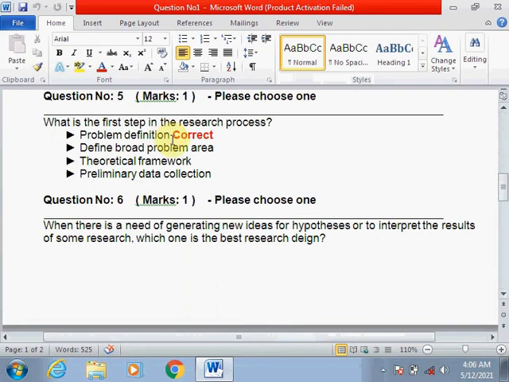Next, question number 6. When there is a need of generating new ideas for hypotheses or to interpret the results of some research, which one is the best research design?